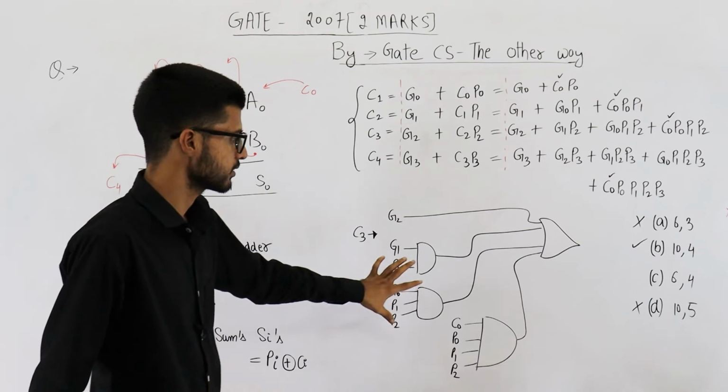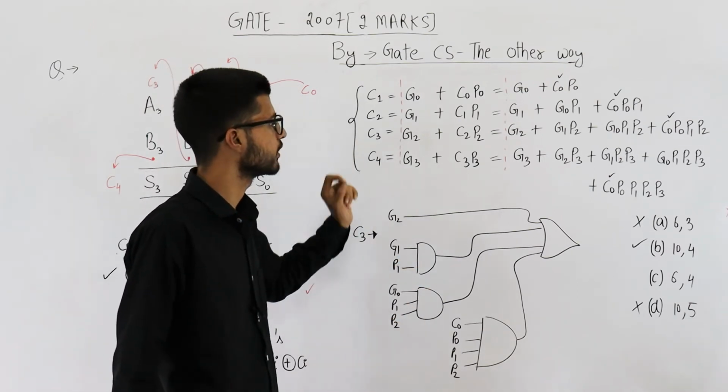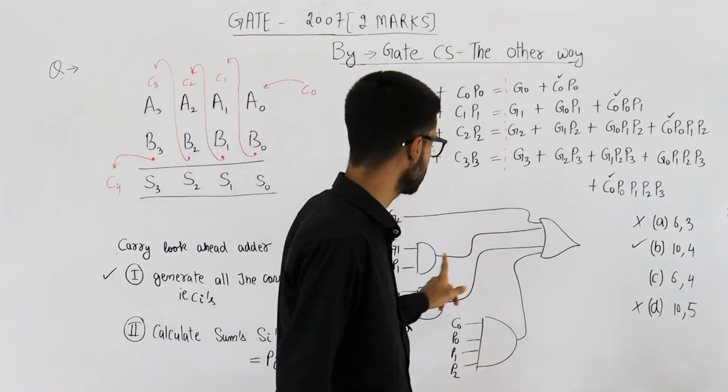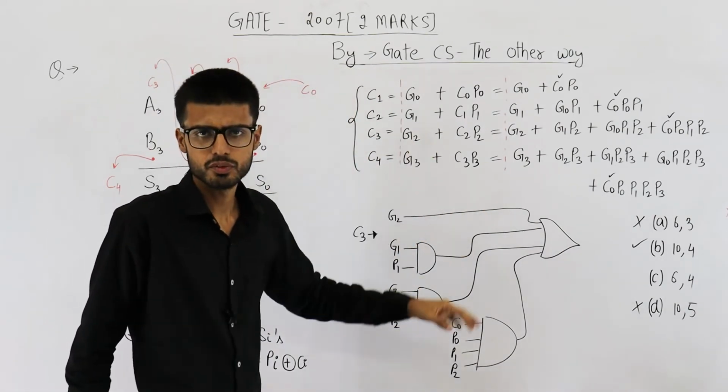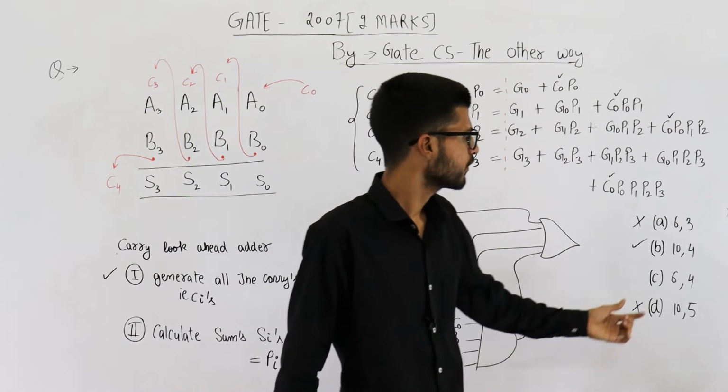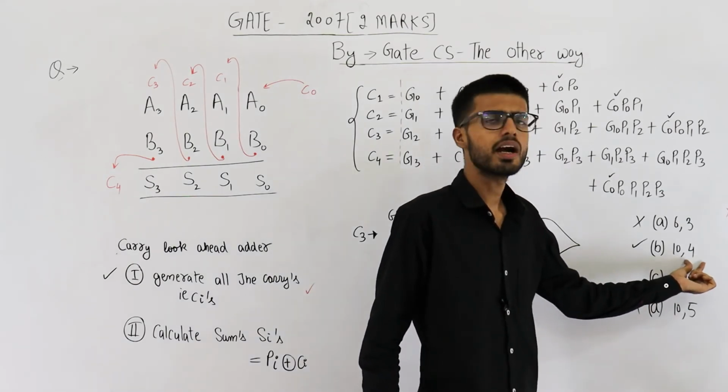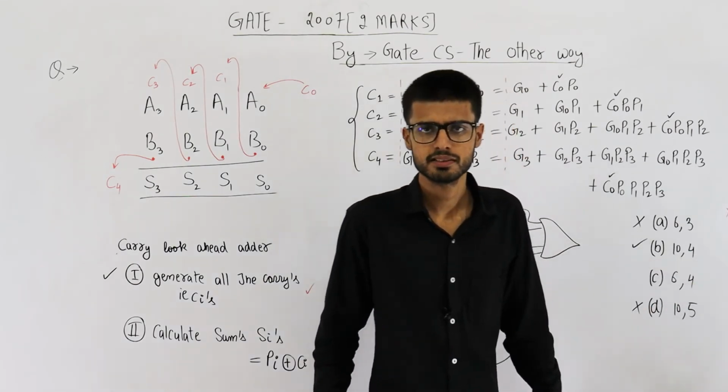So I've just drawn the circuit for C3 here. It uses one OR gate and 3 AND gates. Similarly, you can see how all of these 4 will be implemented, and a total of 10 AND gates and 4 OR gates are required. Your answer is option B.